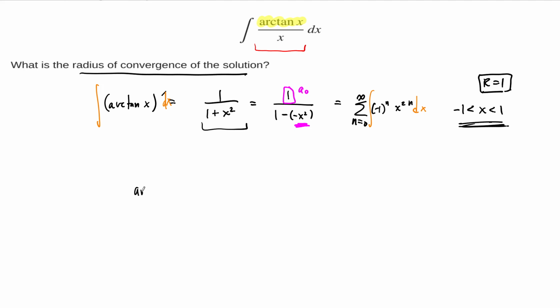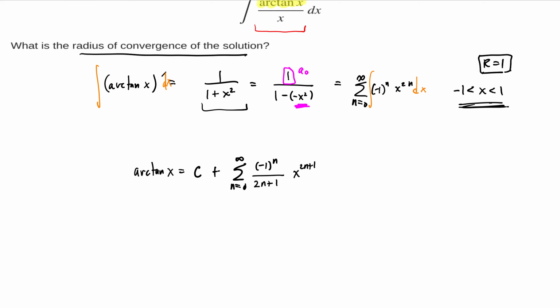And what we learn then is that the arctangent of x is equal to some constant c, plus the power series, n goes from 0 to infinity, negative 1 to the power n times x to the 2n plus 1, over the new power, which is 2n plus 1. And so there we go. There is a power series representation of arctangent.